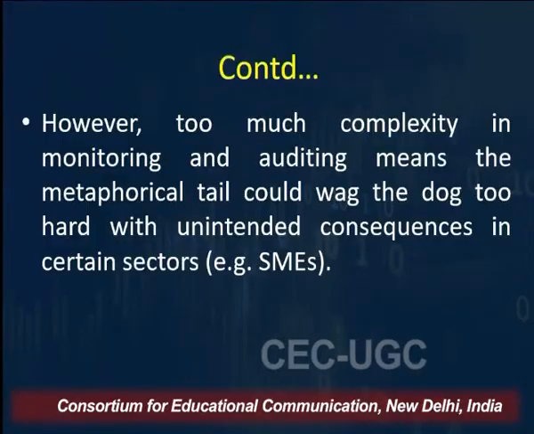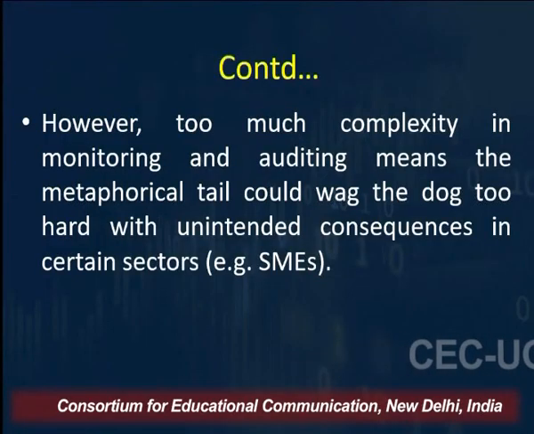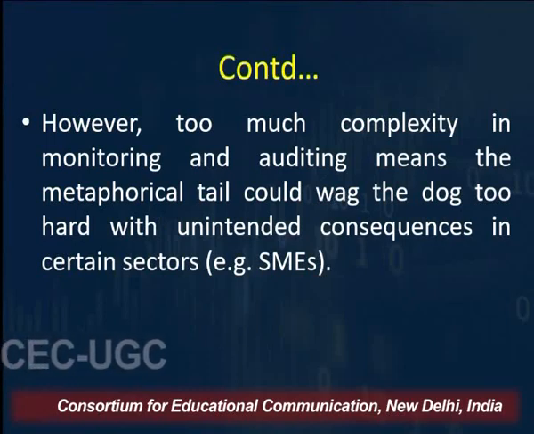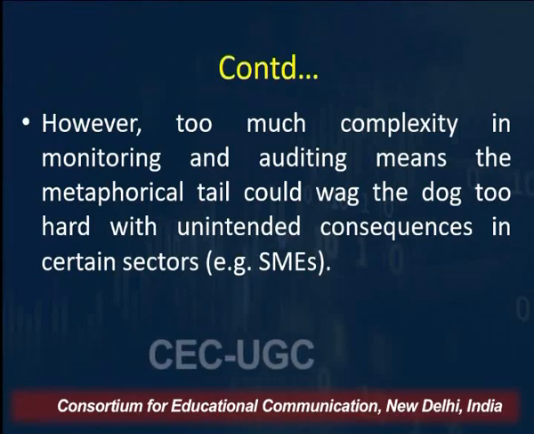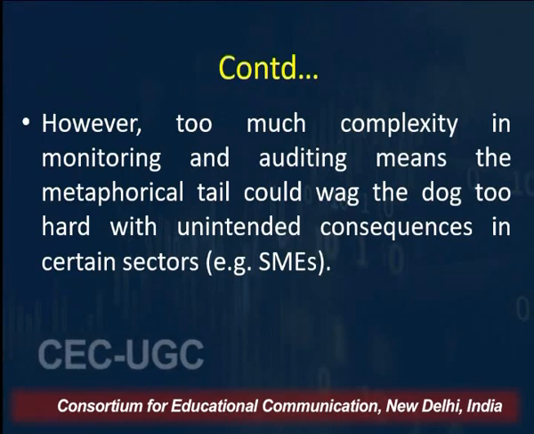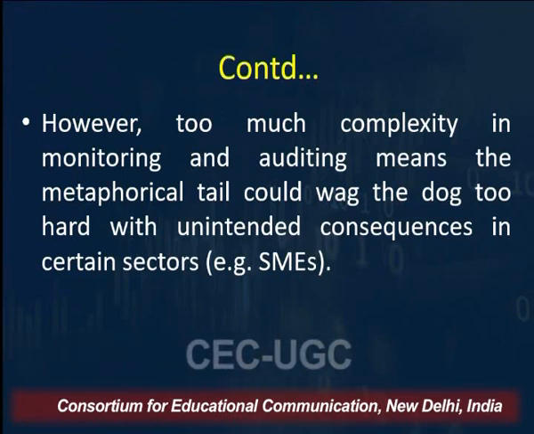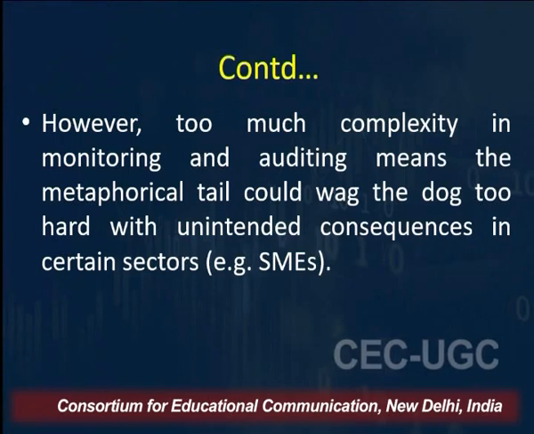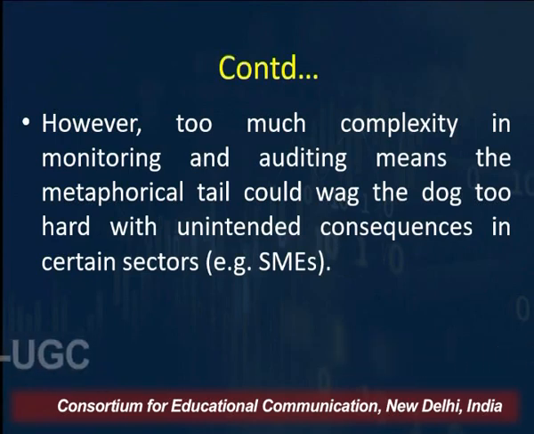But sometimes we find too much complexity in the monitoring and auditing process in certain parameters and guidelines, and if you have a huge amount of complexity in monitoring, implementing and auditing, it means the metaphorical tail could wag the dog too hard, with unintended consequences in certain sectors.